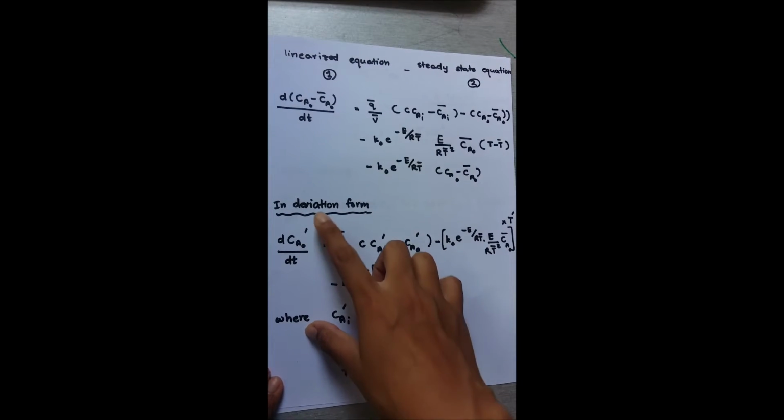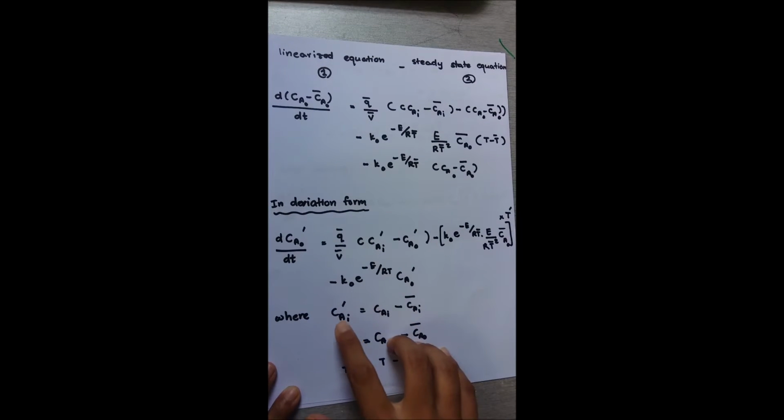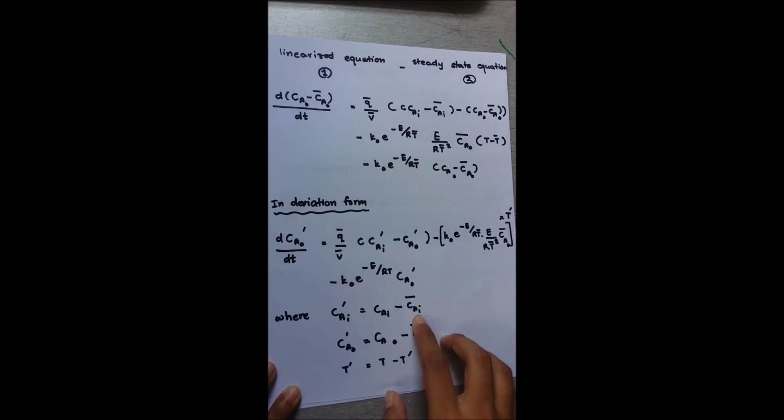Now we will write it in terms of deviation form. That means CAI prime will be equal to CAI minus CAI bar. CA0 prime is equal to CA0 minus CA0 bar. T prime will be equal to T minus T bar.